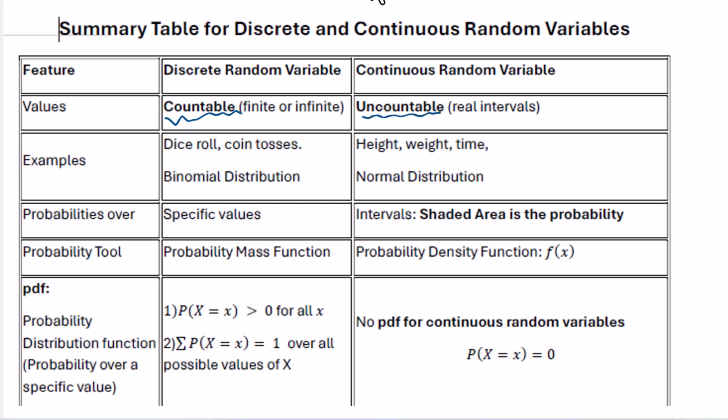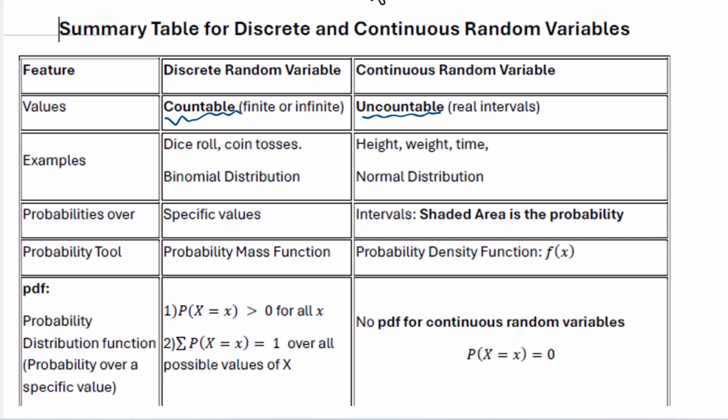Dice rolls, coin tosses, and the data from a binomial distribution are discrete random variables. The height, weight, time, and the data from a normal distribution are continuous random variables.